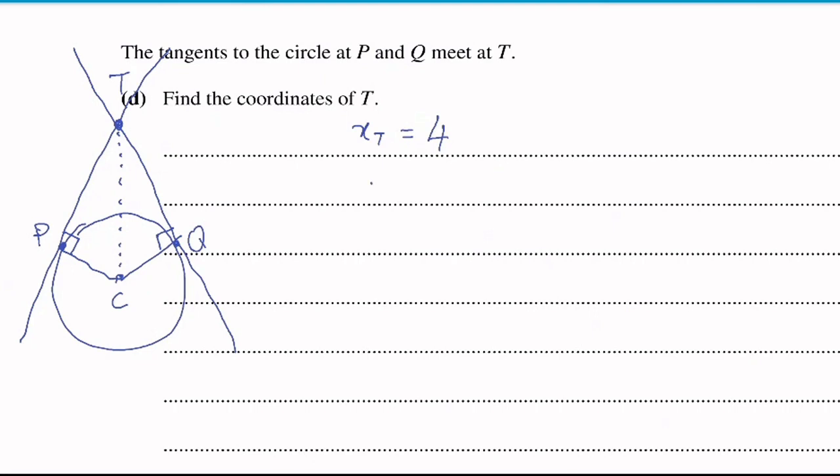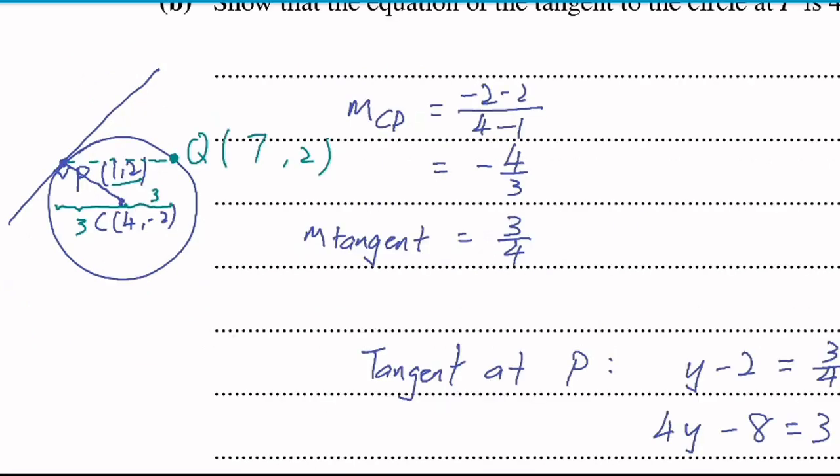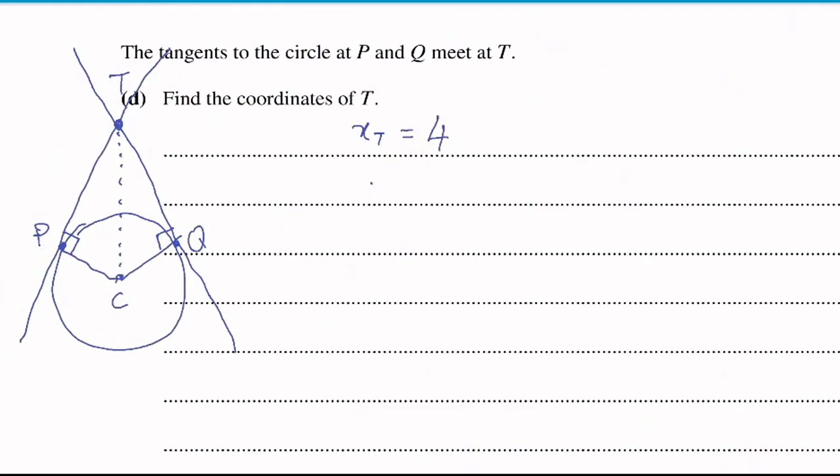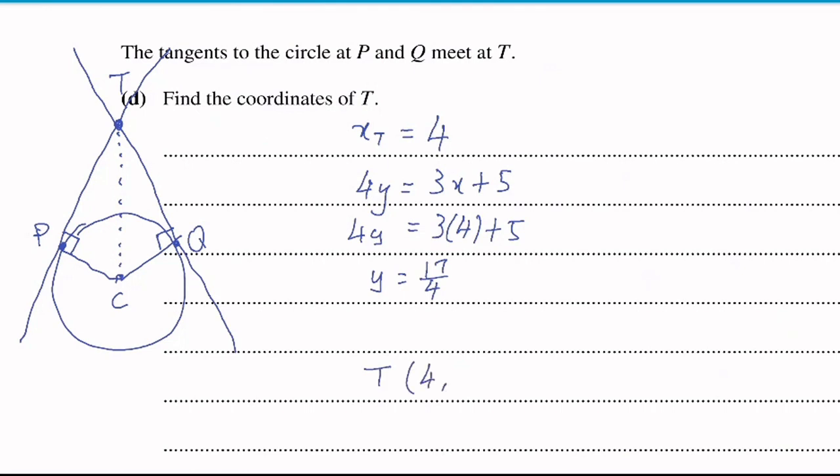Because we know the tangent line, which is the P already, the tangent line is 4y equals 3x plus 5. So we now know that the x coordinate there should be 4. So this is 17 over 4 for the y here. So the T is taking this coordinate here.